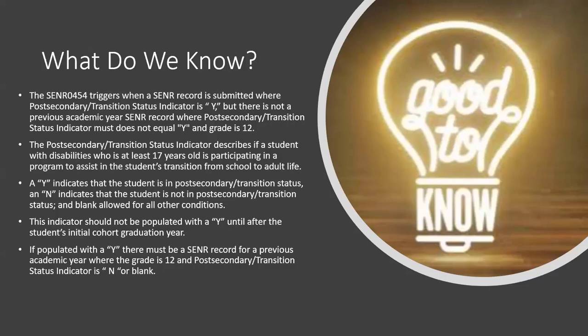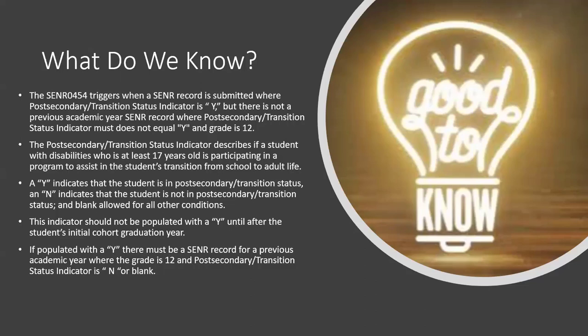That might be blank for all other conditions. What are the conditions in which it is expected, yes or no? It's expected yes or no when the student is 17 years or older, if the student has an active IEP and the enrollment grade level is 12, right? And that's either a yes or no.